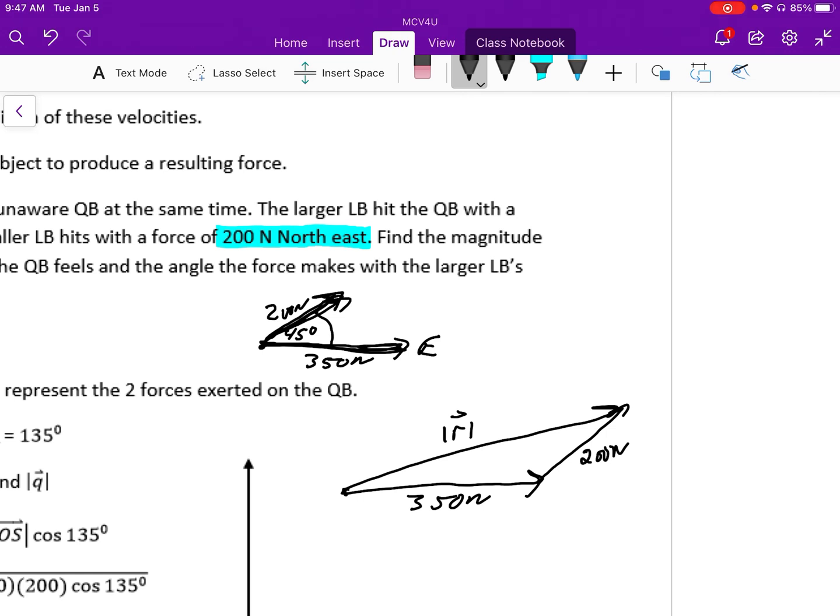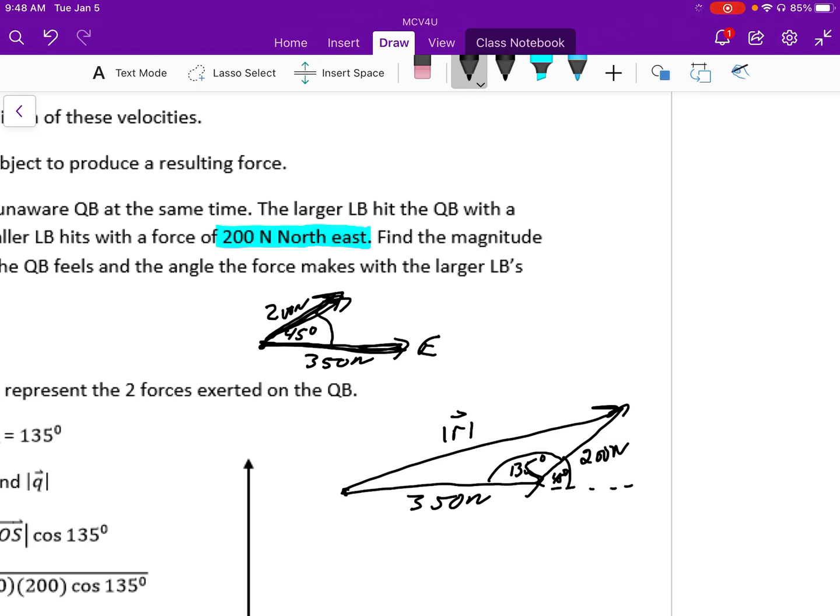If we're given that the angle between the two is 45 degrees, based on the compass directions that we had, then the angle outside here is 45 degrees. So what angle is inside? It has to be 135 degrees because of the supplementary angles.